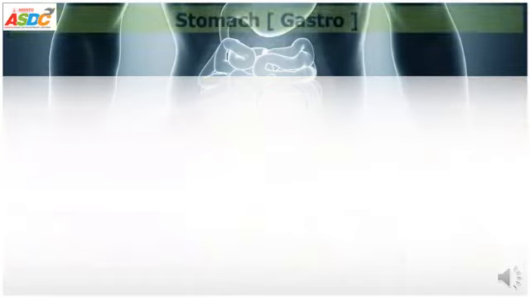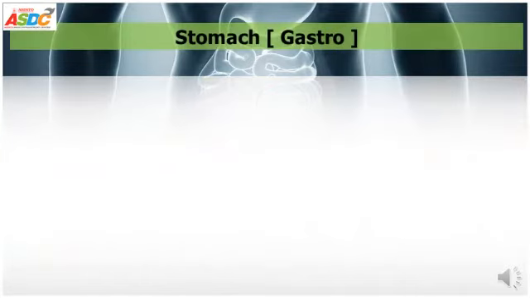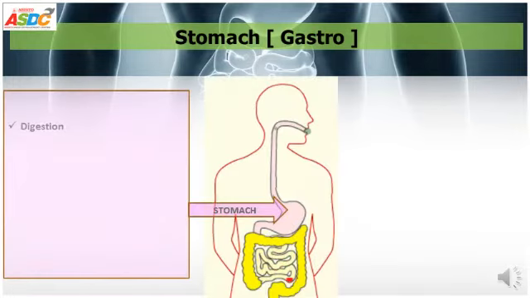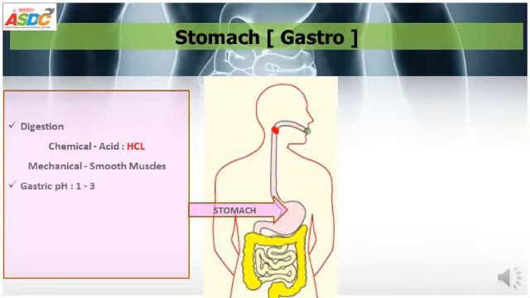Now, the food is in the stomach, which is called gastro. Stomach contains the chemical hydrochloric acid, HCl, that makes the stomach highly acidic. With a protein-rich meal, the concentration of this acid in the stomach can be of pH 1 to 3.